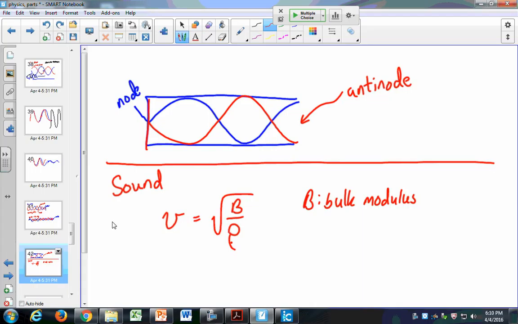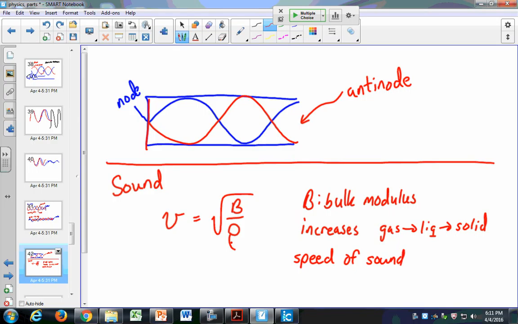Okay, so the bulk modulus increases from gas to liquid to solid, and as a result, the speed of sound increases as well, in the same way, going from gas to liquid to solid.